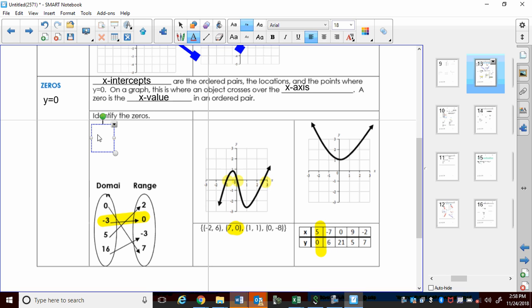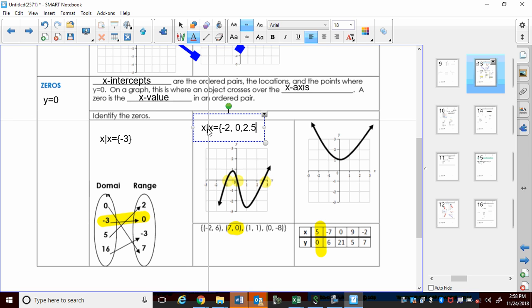In fact, we write the set of x such that x equals negative 3. Next one, we have the set of x such that x equals negative 2, 0, and 2.5.